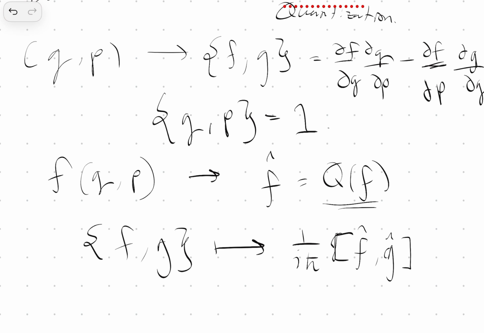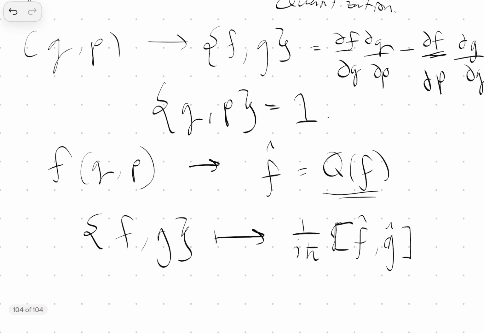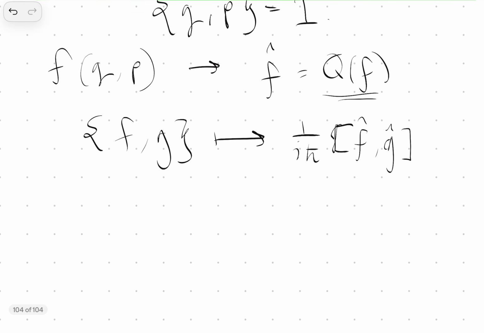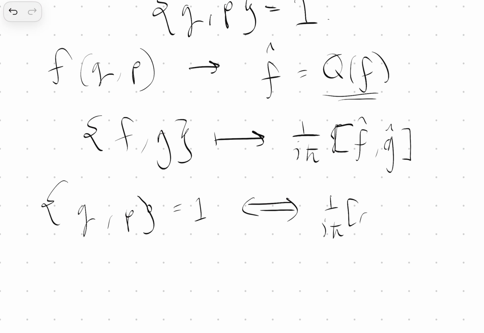This should be generally review, but for basic coordinates Q and P, this works very nicely because we're left with the commutator being expressed as such.